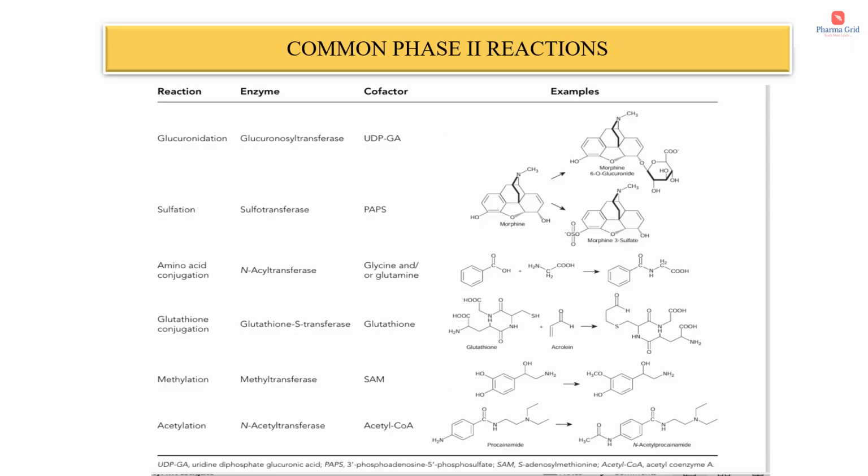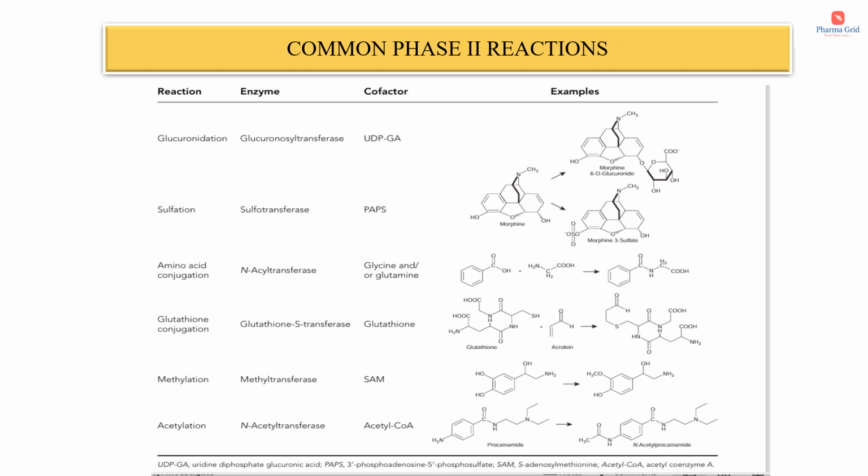Here you can see the examples for common phase 2 reactions. So the first one is glucuronidation. The enzyme involved is UDP glucuronyl transferase and the cofactor is UDP glucuronic acid. Next one is sulfation. The enzyme involved is sulfotransferase and the cofactor is 3-phosphoadenosine 5-phosphosulfate, that is PAPS. Next one is amino acid conjugation. The enzyme involved is N-acyl transferase and the cofactor is glycine and or glutamine.